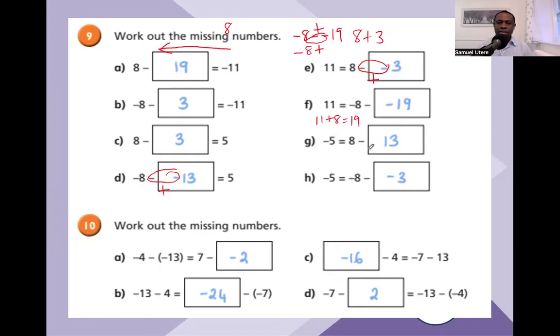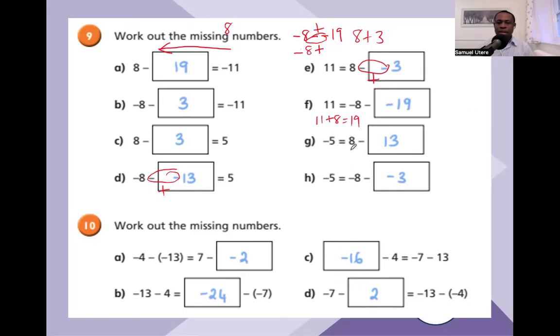Now, looking at this one, we can do it the same way. We'll say, okay, 8 subtract a number will give us -5. Now, we had a positive number, so we have to think, what could that number be? If we do an inverse operation, it will be 8 add 5.